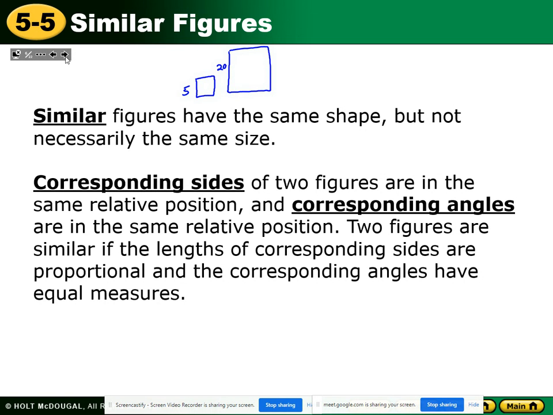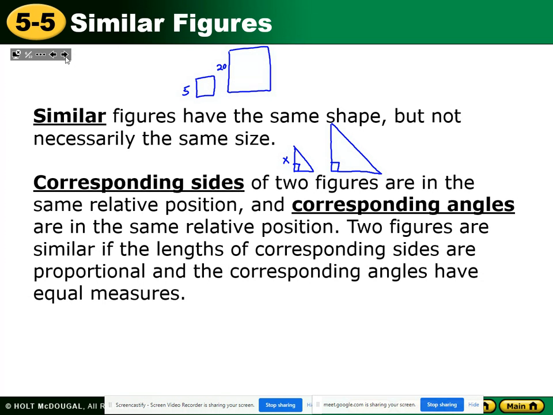Corresponding sides of two figures are in the same relative position. Okay? Right angle. What is corresponding to this side?